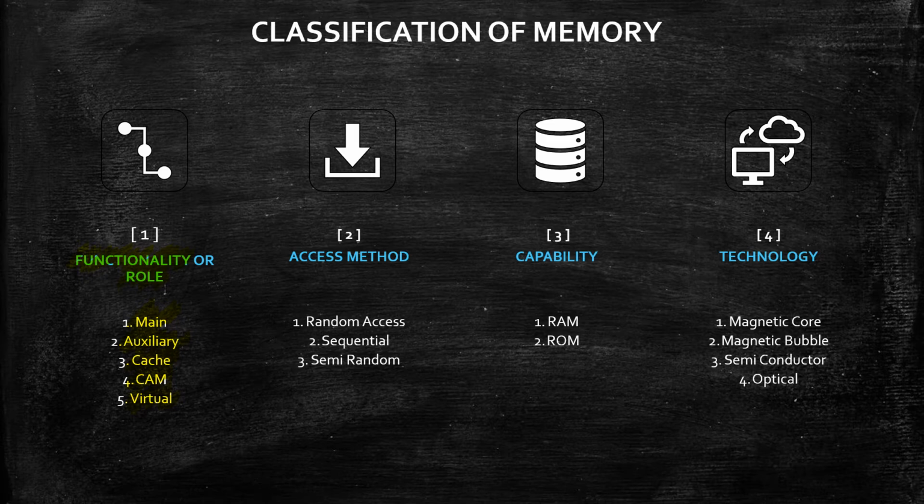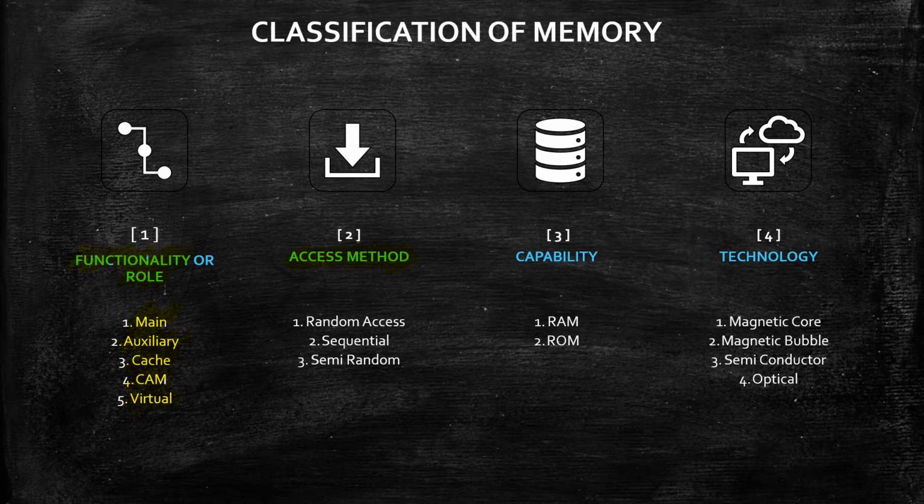The second category is based on the access method. All these are memories, so of course ultimately we store and retrieve the data, we access the location of the memory.